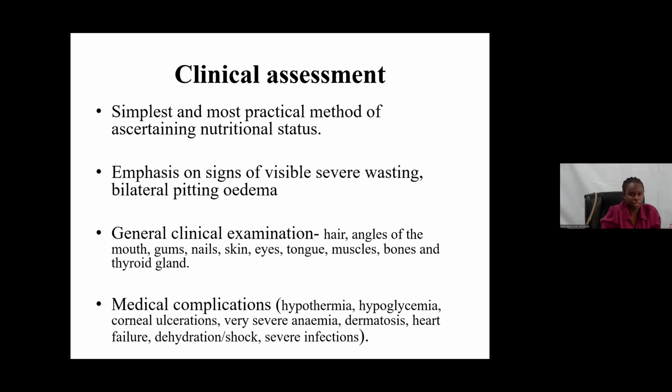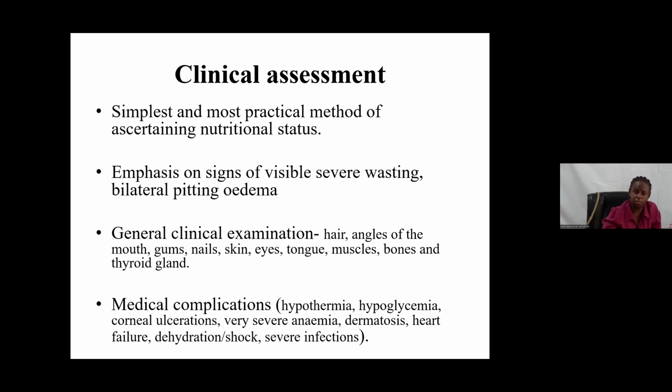In clinical examination, you have to pay a lot of emphasis on hair. Our child had brown hair, though it was not sparse, but most times it will be sparse, silky hair that is soft and easily pluckable. Look at the angles of their mouth for cheilosis. Look at their gums. Look at the nails for signs of iron deficiency.